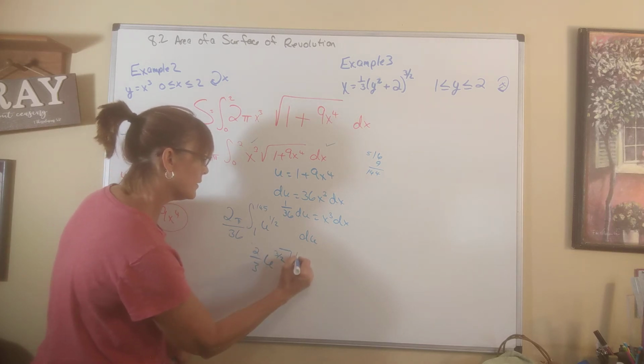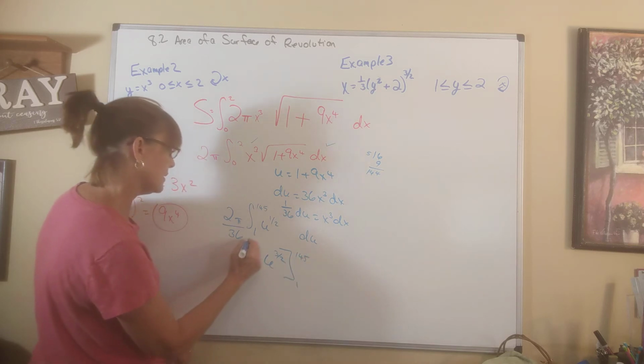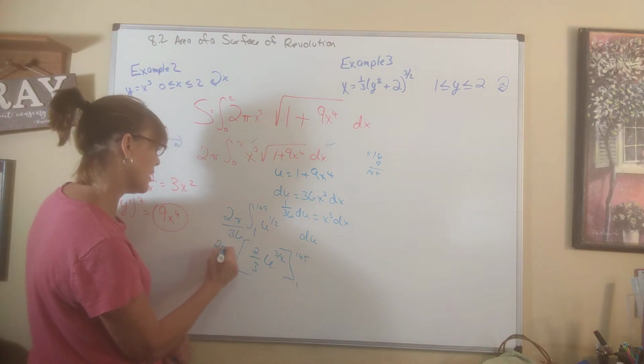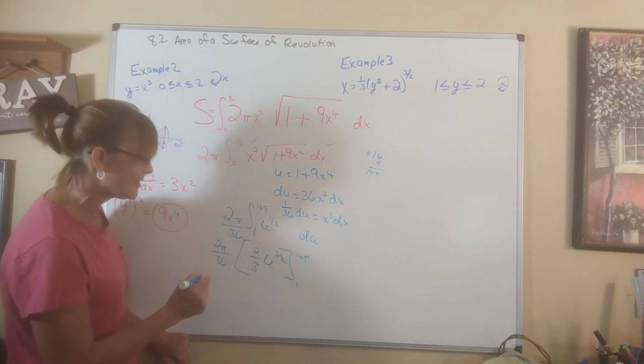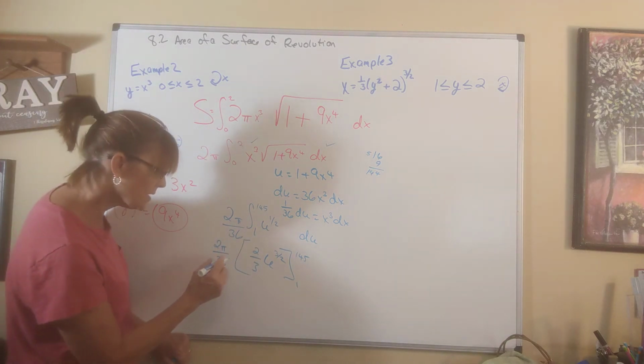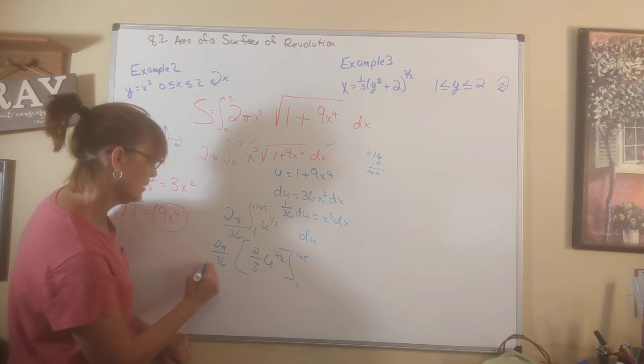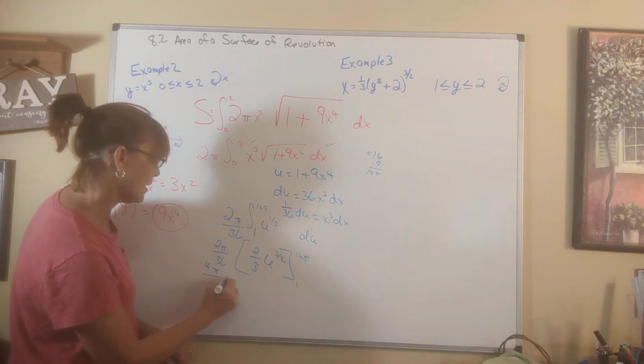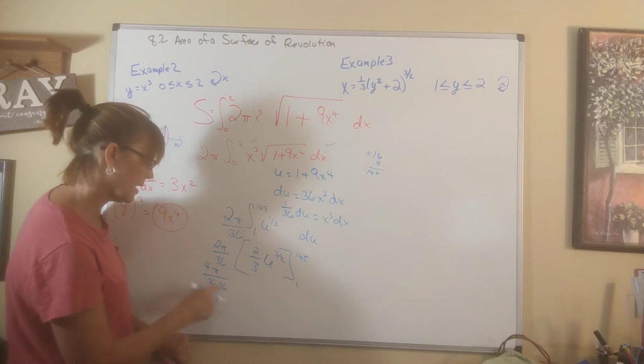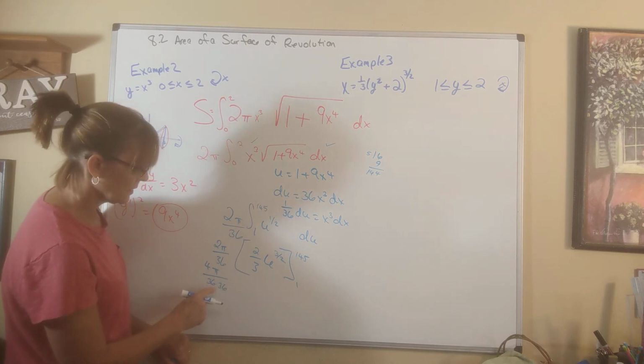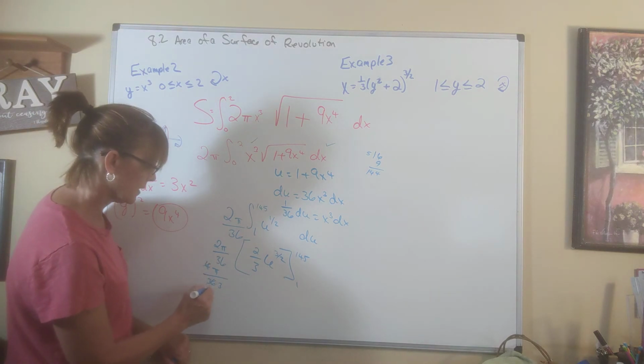Evaluated from 1 to 145, and this is all multiplied by 2 pi over 36. So then this will be 4 pi over 3 times 36. That's my constants. Let's see. Oh, that's a 3 times 36. Okay, 4 can go into this 9 times.